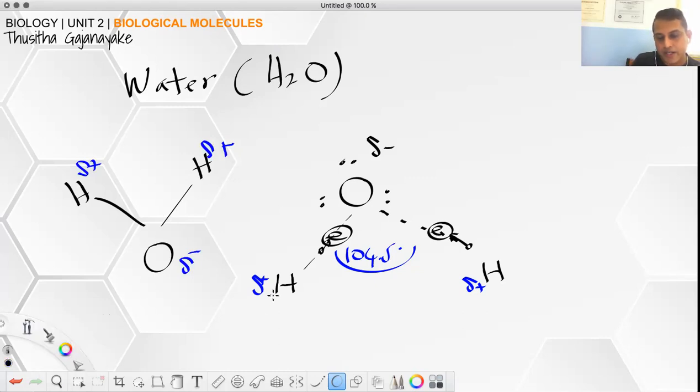Now they are attractive. Oxygen negative, hydrogen positive. Then again they make a bond. This bond is called a hydrogen bond. Quite a weak bond. A hydrogen bond is a weak bond. They can break and they can form again with the change of energy.